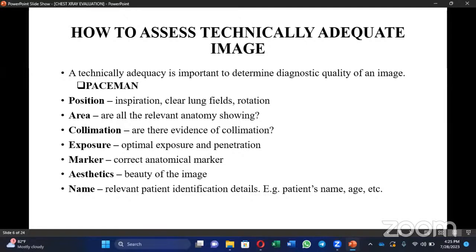That is when you know that the patient really did the inspiration very well. When there is poor inspiration, the image assessment is very difficult, and it will also lead to poor diagnosis or misdiagnosis, which can affect the patient's management.